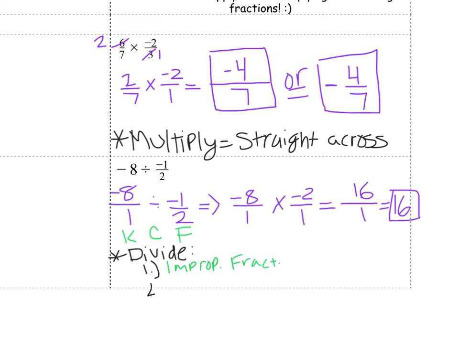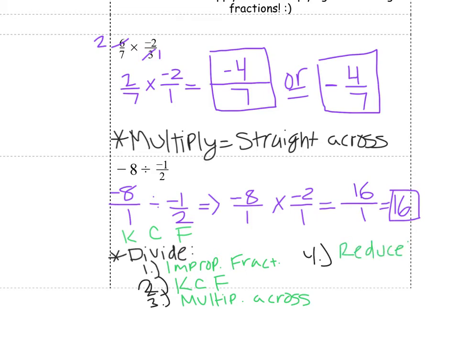Then we keep, change, flip, and then we multiply across. And then this is a very important step. And then we reduce. That's how you divide fractions.